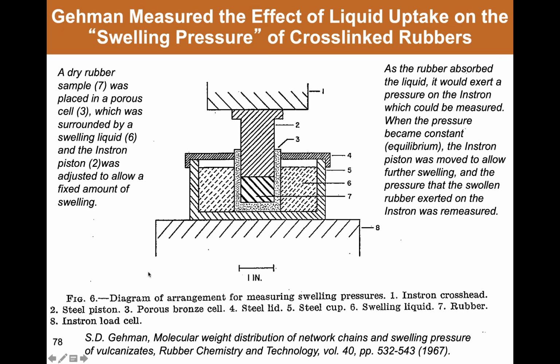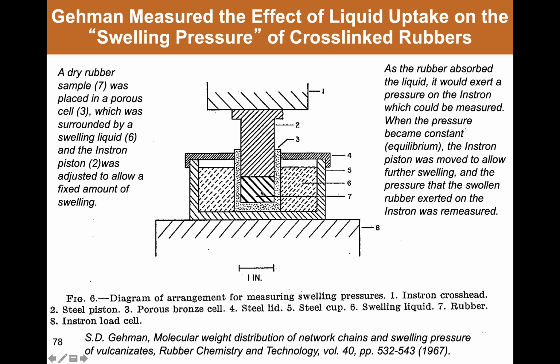This is data from Gaiman, where they put a rubber sample in a porous metal sample holder and surrounded that by liquid, a solvent at ambient pressure, and because this sample holder was porous, the liquid could transmit across the sample holder and dissolve in the polymer.